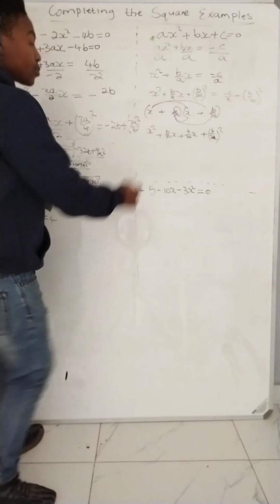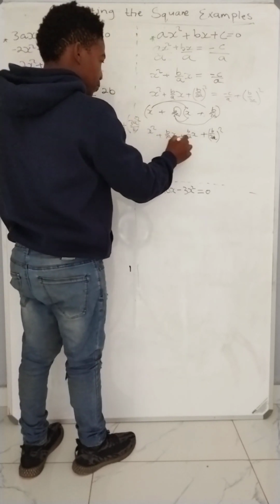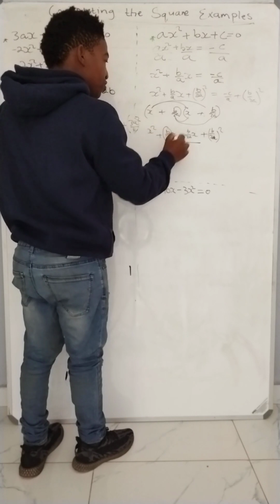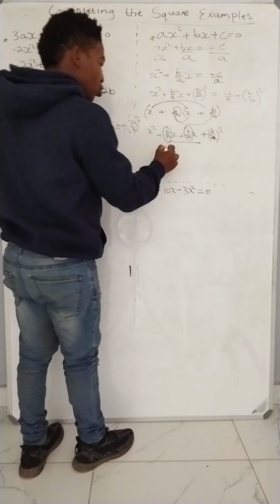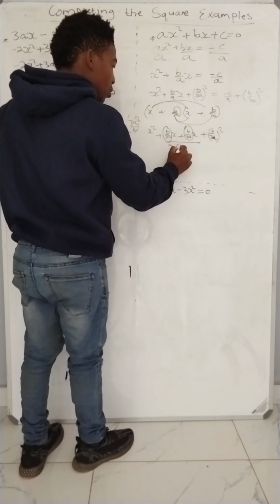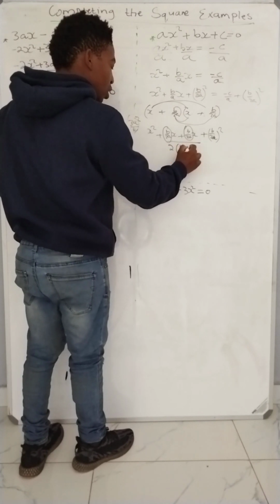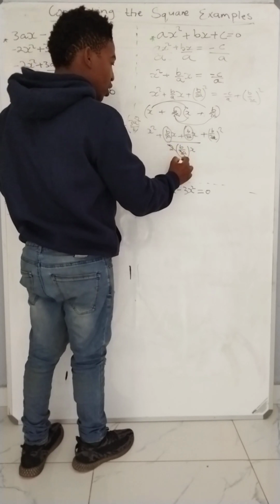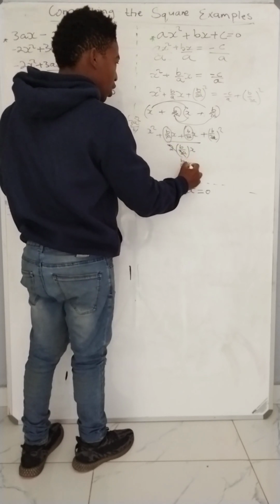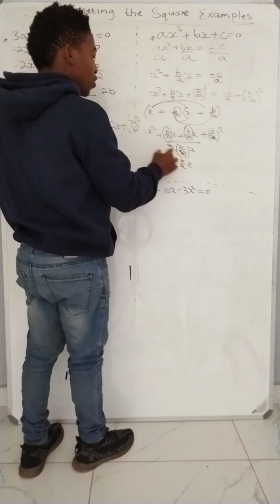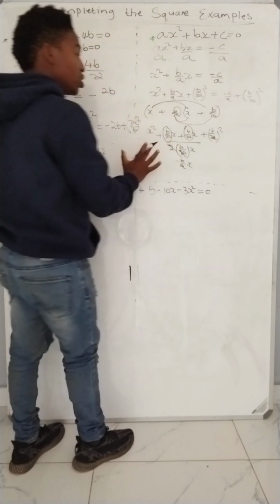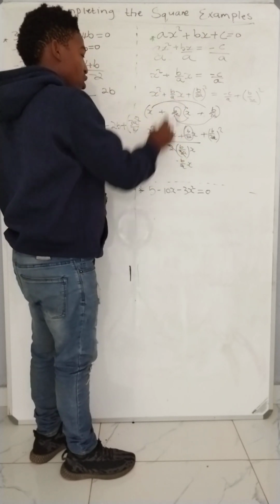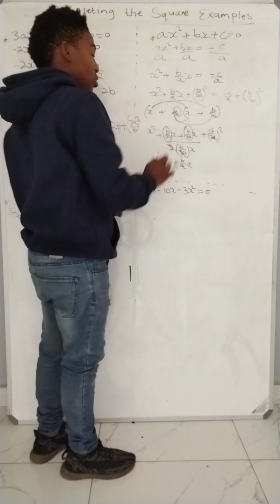These like terms are one of these and one of this. So you're going to have 2 of b over 2a x, and then this 2 will cancel this 2. Then you'll be left with b over a x, which is the middle term over there. The reason why I wanted to do this is to show you that this will work out to be b over 2a, which is the same as the middle term.